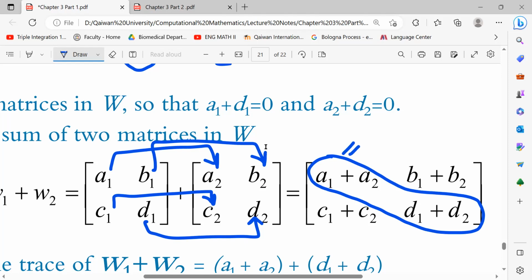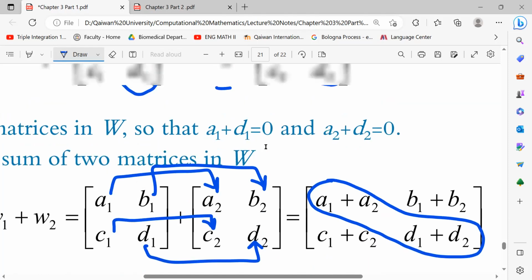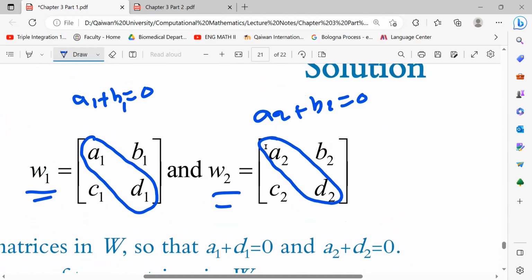If the sum of these two elements is 0, let's check. We say A1 plus A2, plus D1 plus D2.